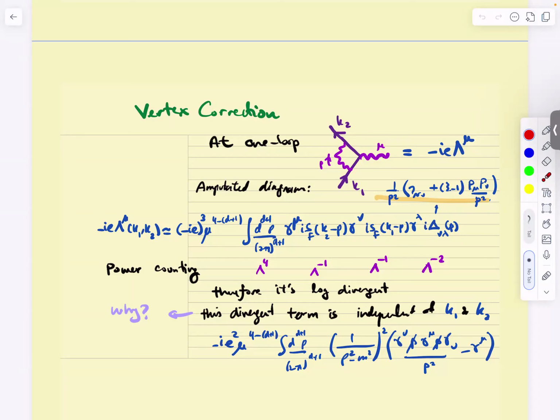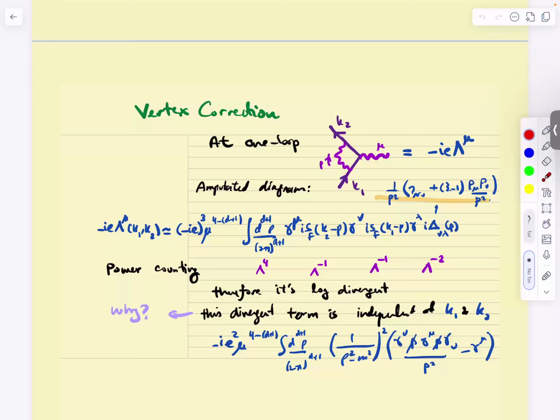Often we write it in terms of this MS bar scheme, which is just a redefinition. Something like this. That's a particular constant we shifted by, right? And then what you obtain is an expression. Now, there are divergences.